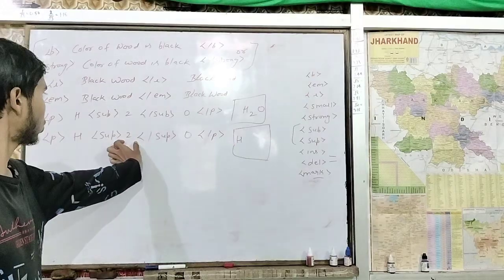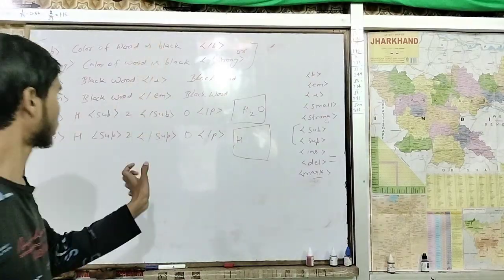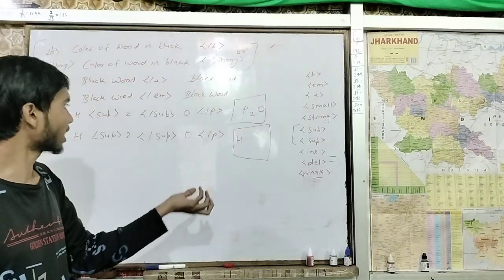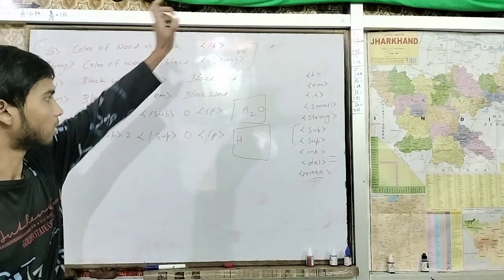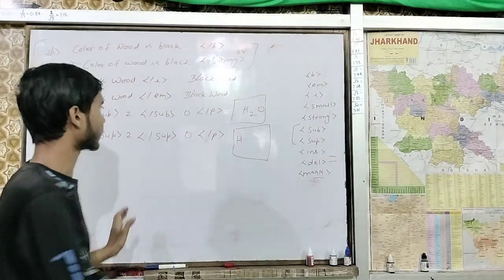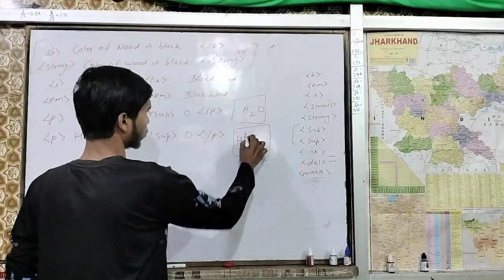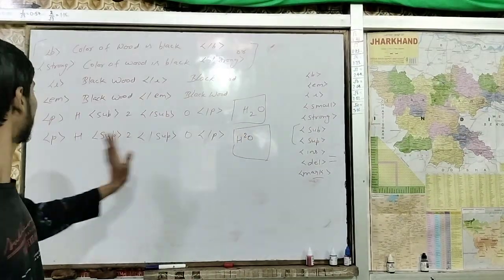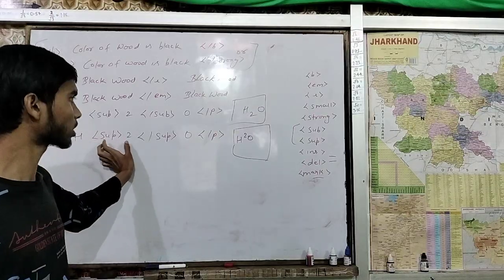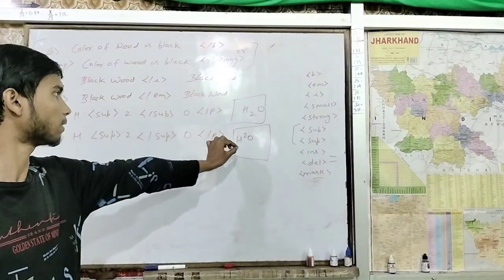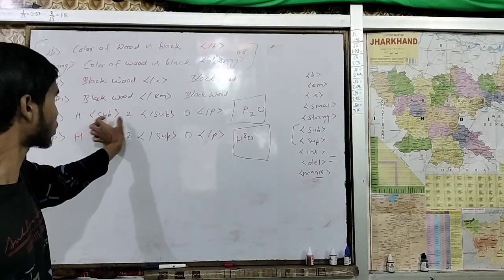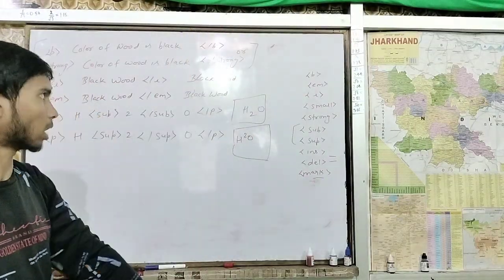So here the 2 will go upward, because superscript means the given thing will be upward. H2O. Clear? This 2 went upward because we applied the superscript tag. When you apply sub, the 2 will go downward.